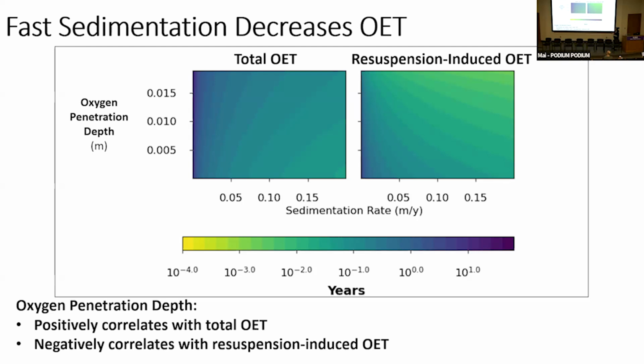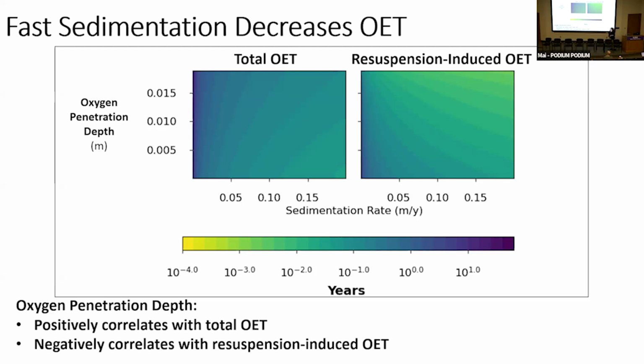Here you can see that as sedimentation rate increases, both total oxygen exposure time and resuspension-induced oxygen exposure time get lower. With faster sedimentation, the organic matter transits through the vertical seabed quicker, and you get lower oxygen exposure time.